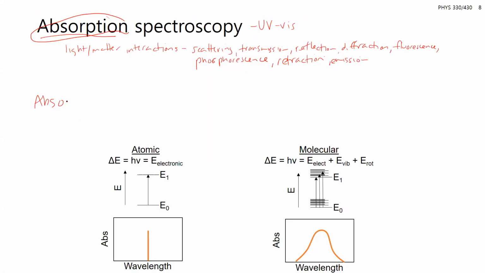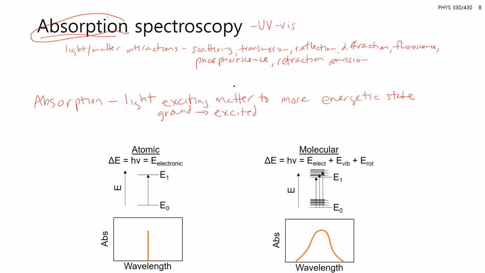If we're going to define absorption, what that means is light is exciting some type of matter to a more energetic state. So it's going from ground, we're probing the ground, to the excited state.